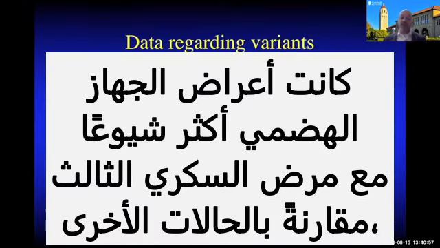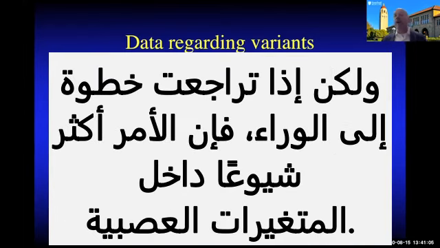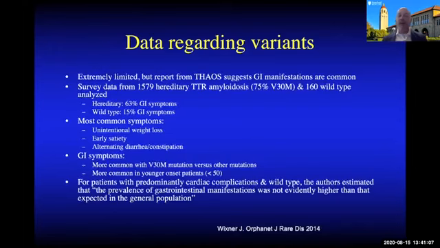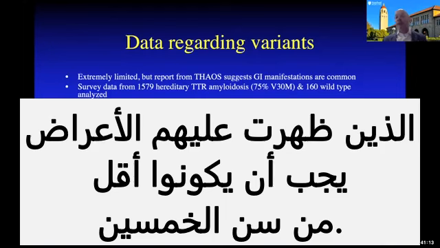GI symptoms were more common with V30M versus other variants, but if you step back, more common within neuropathic variants, and were also more common in those patients who had symptom onset below the age of 50.